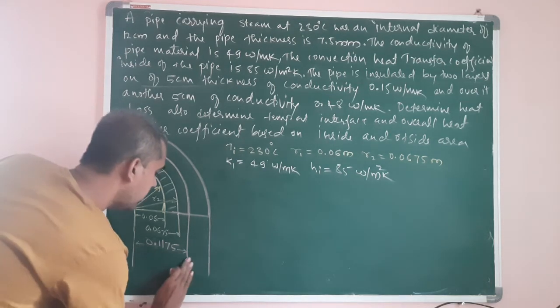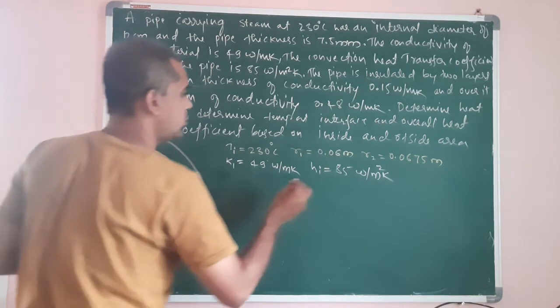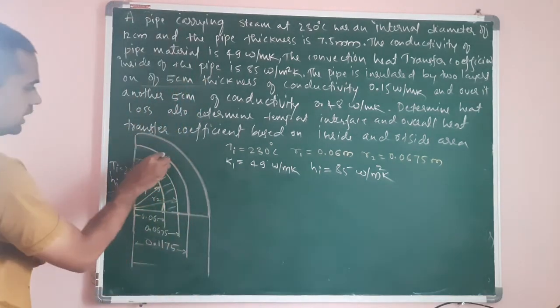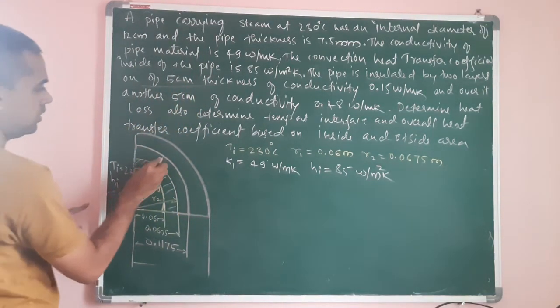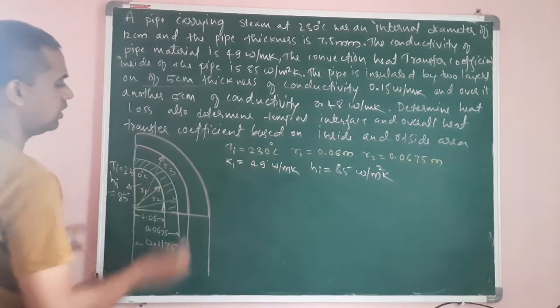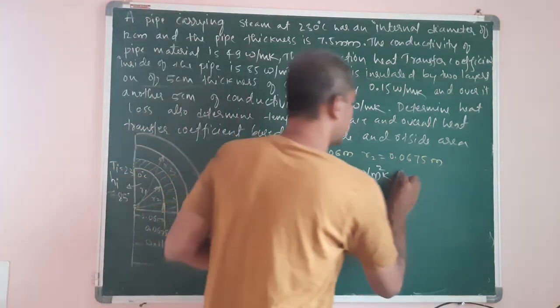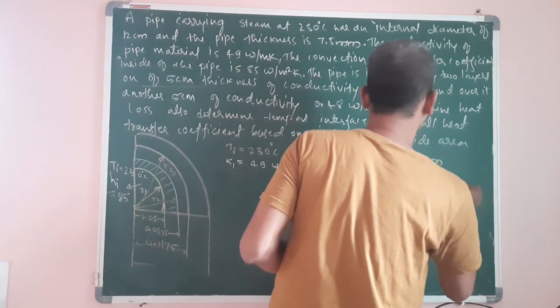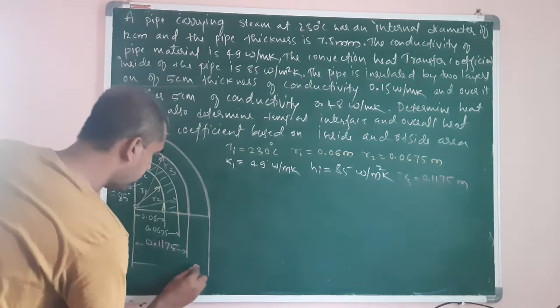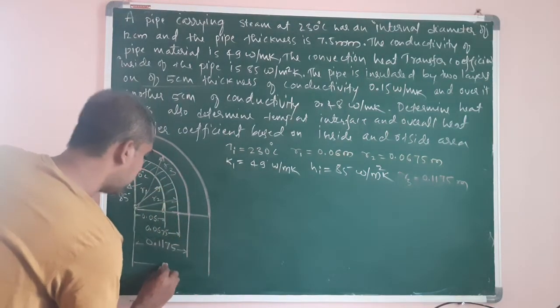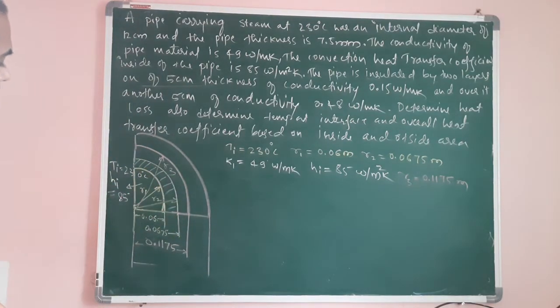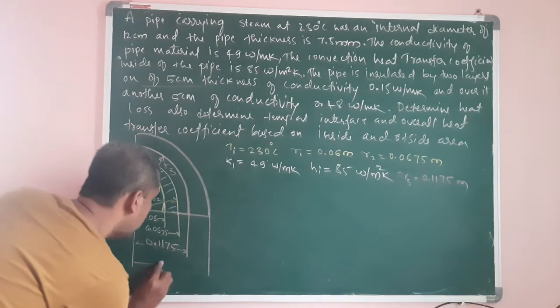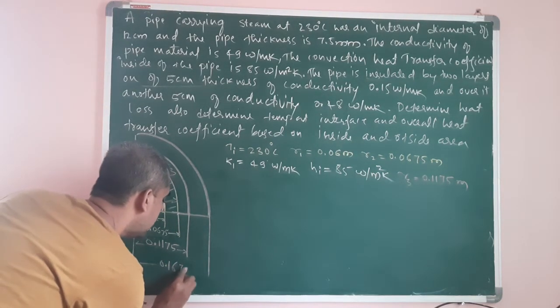Okay, this layer is R3, equal to 0.1175 meter. This one I will call R4. I have to add 5 centimeter for that, so it will be 16.75 centimeter, and in meter it will be 0.1675 meter.